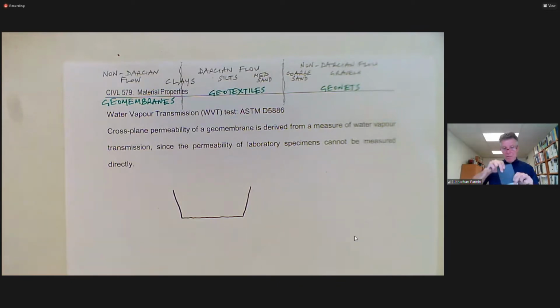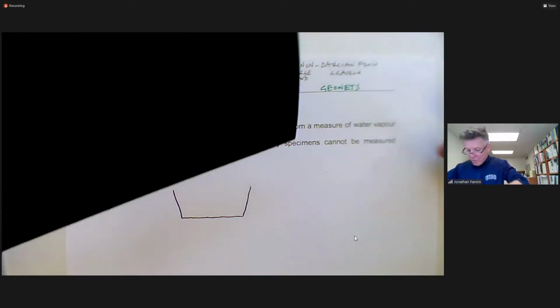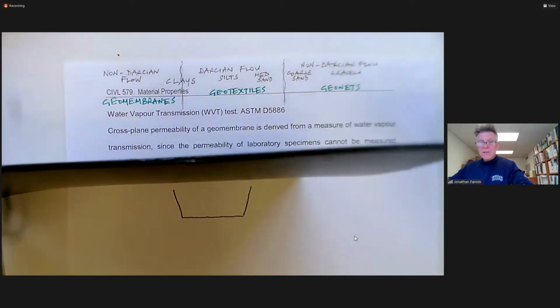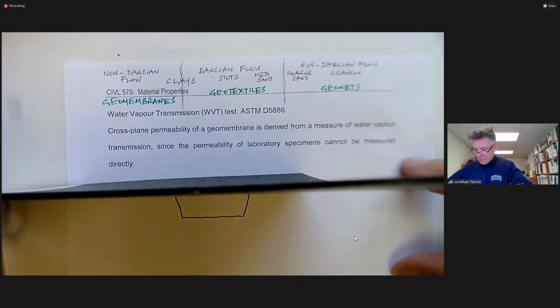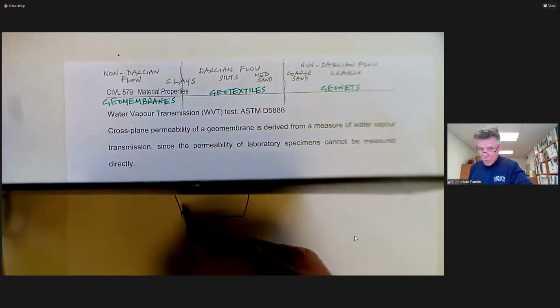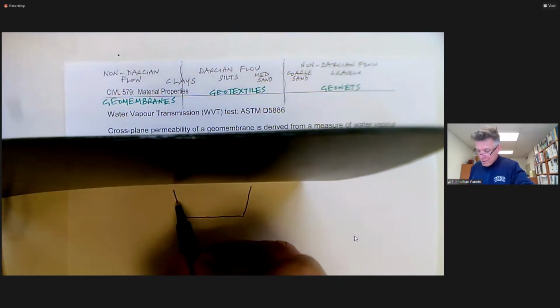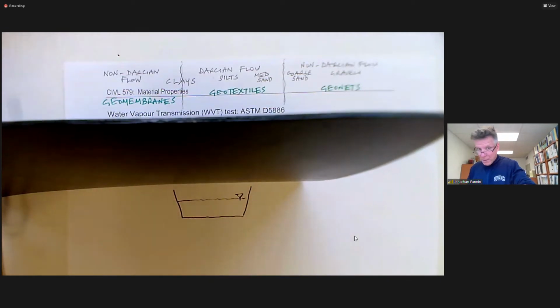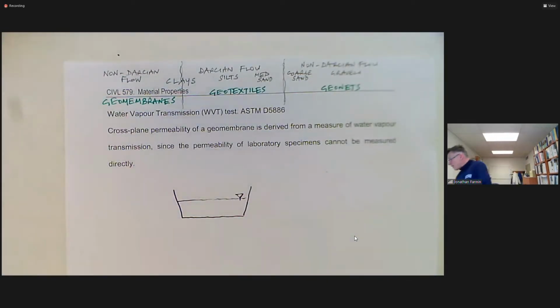I'm going to put the geomembrane over a container, and I'm going to seal the container. And I'm going to place some water in the sealed container, with the geomembrane on top of it.